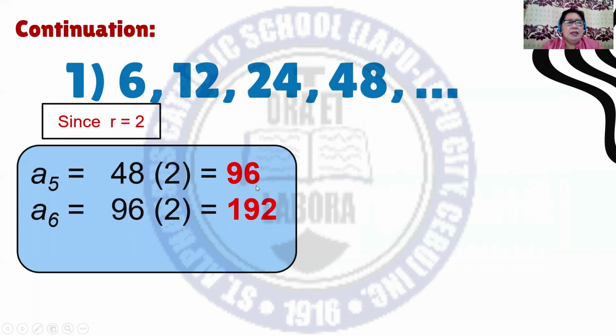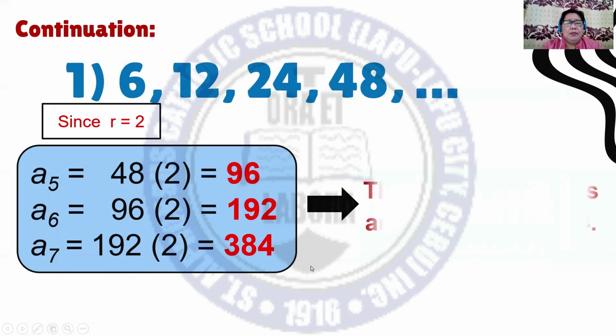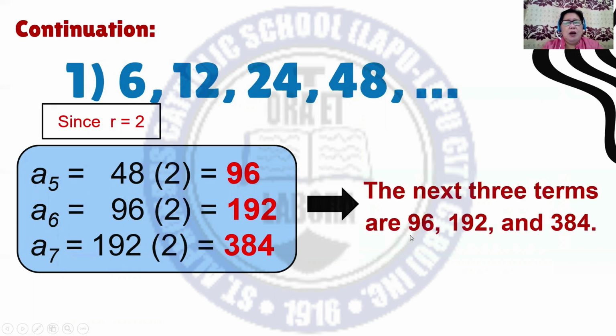And 96 now becomes the current term. So 96 times 2 equals 192. And for the 7th term, 192 times 2 is equal to 384. Therefore, the next three terms are 96, 192, and 384.